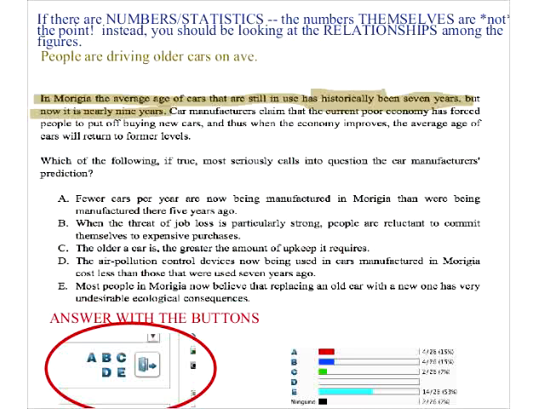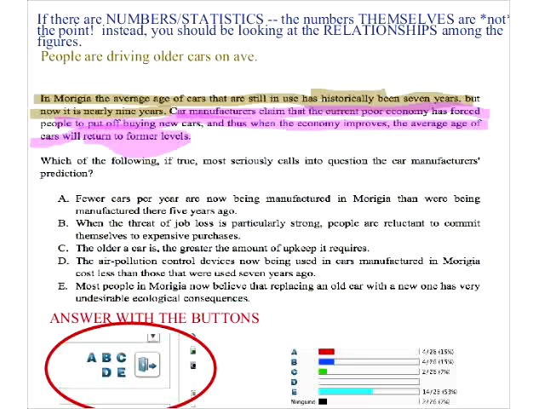So car manufacturers claim that the poor economy has forced people to put off buying new cars. And thus, when the economy improves, the average age of cars will return to former levels.